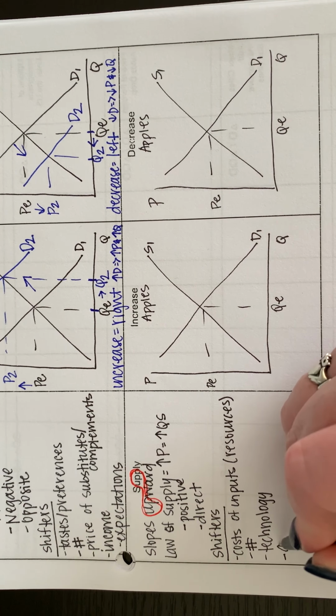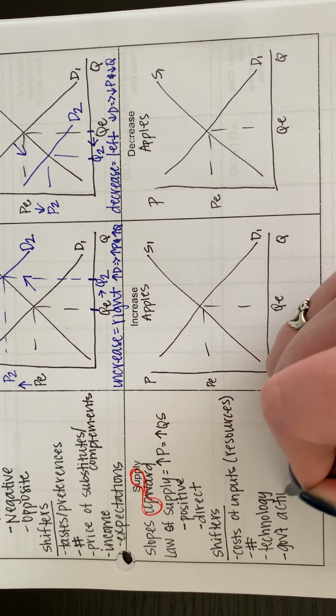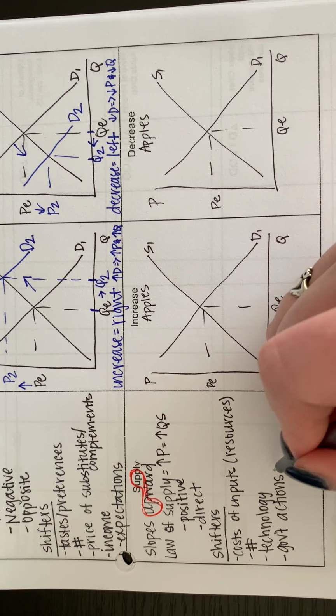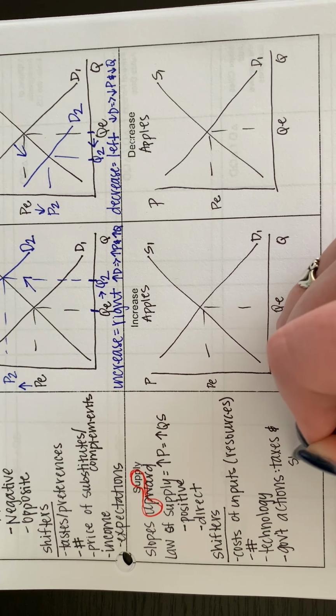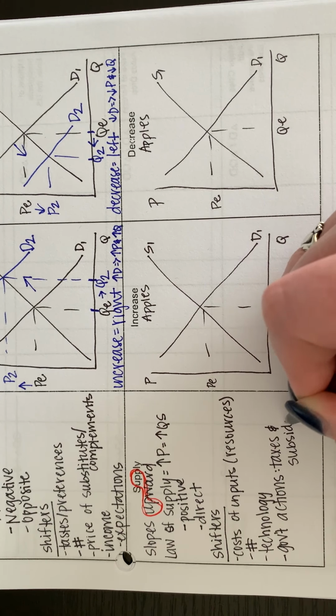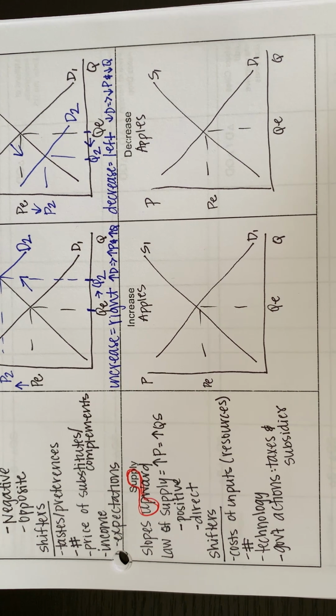The government steps in here. So government actions can influence the supply, and they influence supply by taxes and subsidies. So a tax, we all know what taxes are. That's an additional fee on our production, and a subsidy is actually a government handout.